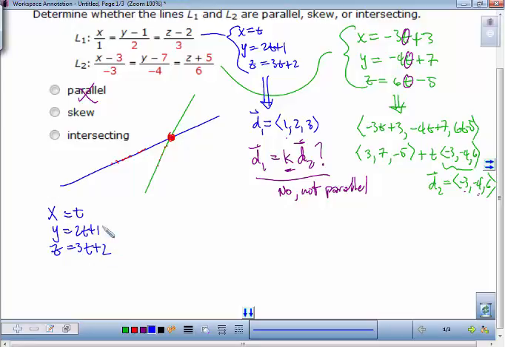So instead of t, we'll use s. The s kind of looks like a 5, so just understand that that's an s. They use s a lot because it's the next letter that comes after t.